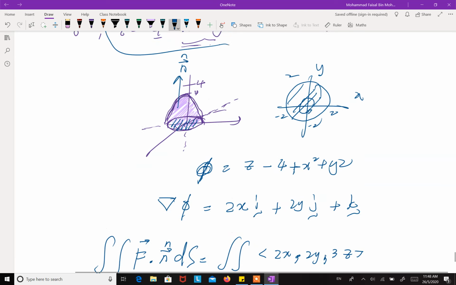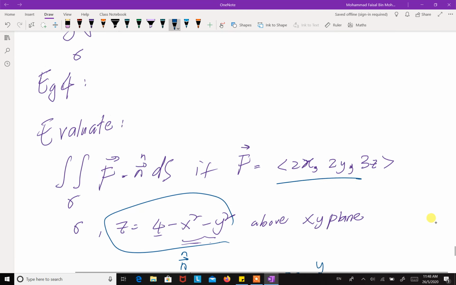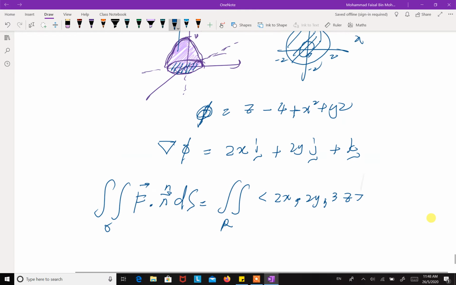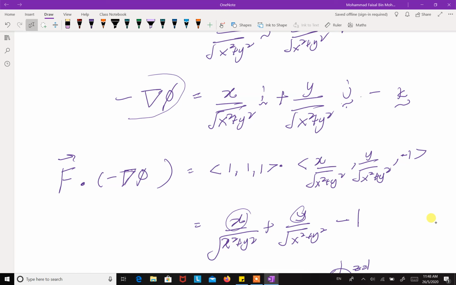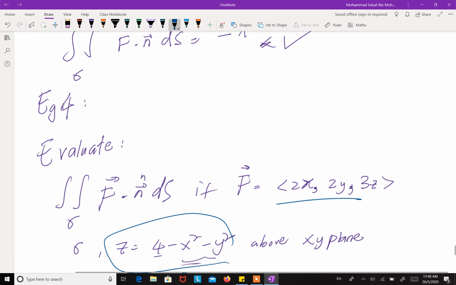This is the f function. Remember the formula: f dot with the positive gradient phi.